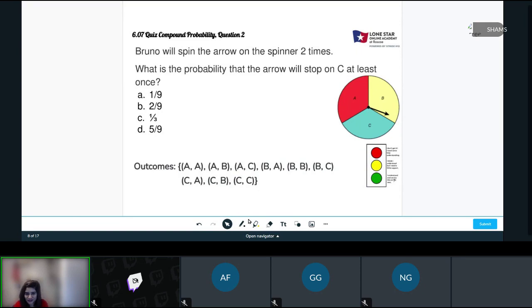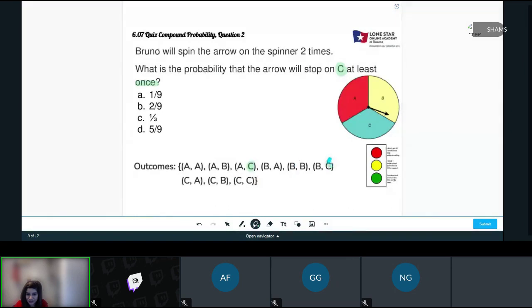The question says, what is the probability that the arrow will stop on C at least once? No C's here, no C's. At least once, yes. No C's, no C's.